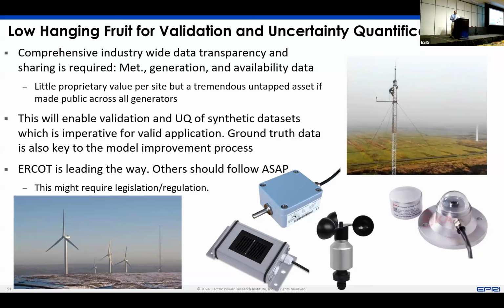And essentially, we've got jigsaw pieces scattered over the table right now. We need to bring them together. And this is the low-hanging fruit that's not difficult to do if we can all just cooperate with one another. ERCOT has started to do this, and I think the other ISOs need to do it as soon as possible.